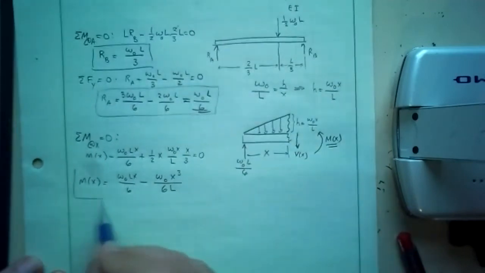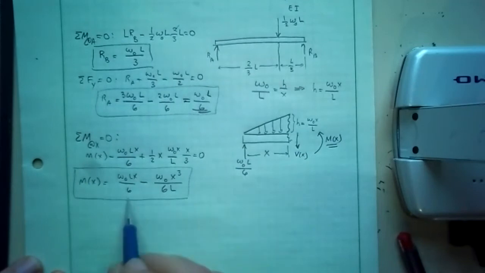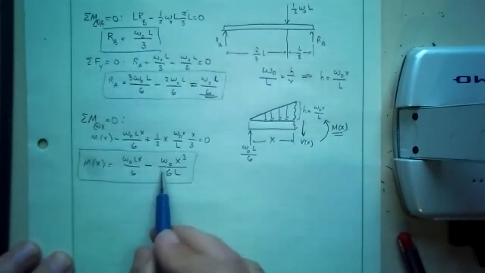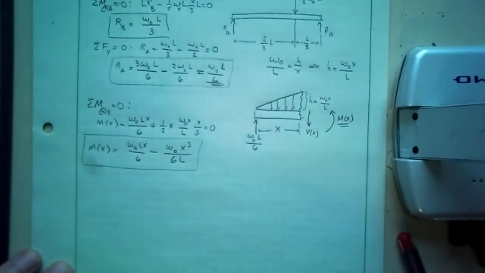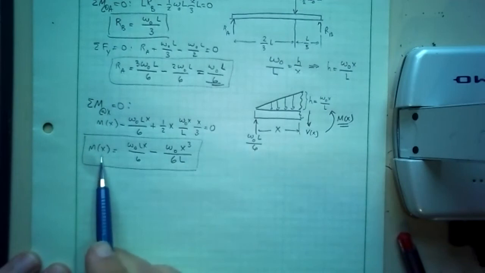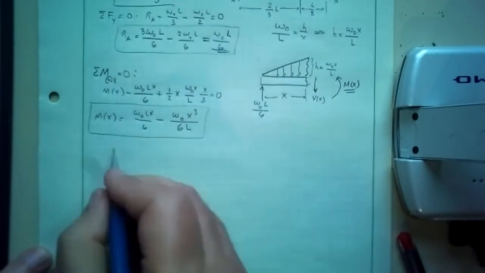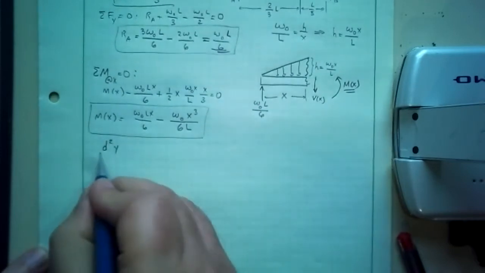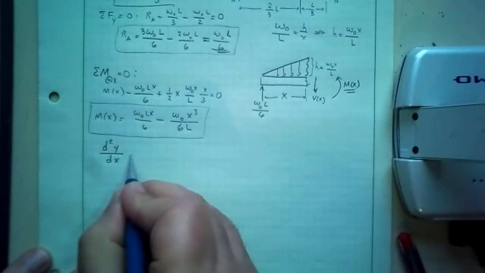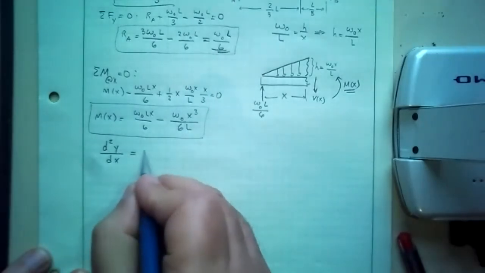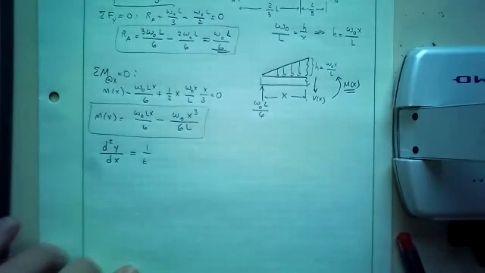So there's my moment. Well, I can factor out 1 over 6 and W naught, but I can do that later. This is my equation for the internal moment as a function of length, it's a function of x. So I'm going to go to my differential equation. Well, I'm going to multiply both sides by EI.